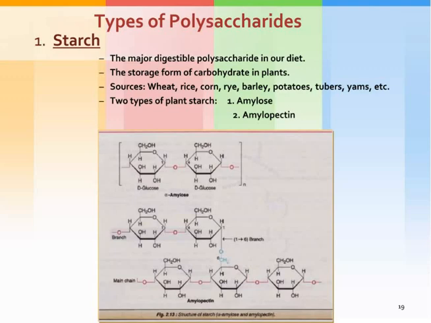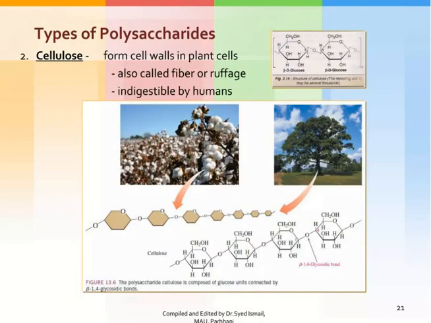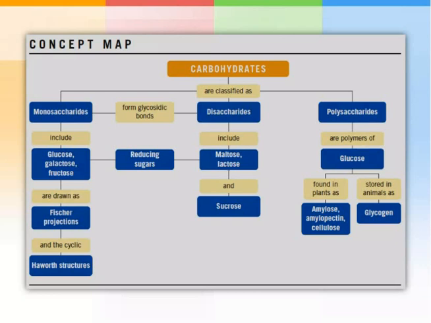Now, types of polysaccharide, you can see the starch, amylose, amylopectin, cellulose, glycogen. So this is the concept map. Carbohydrates are classified as monosaccharide, disaccharide and polysaccharide.